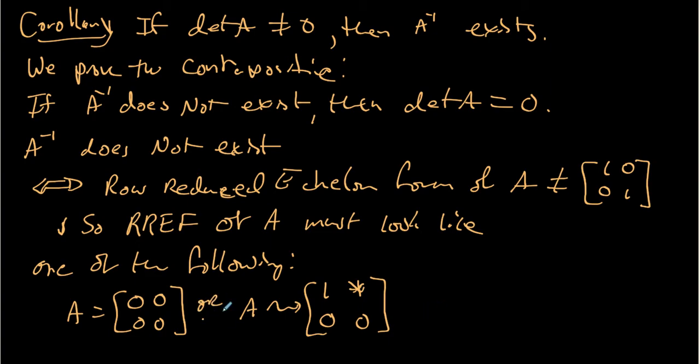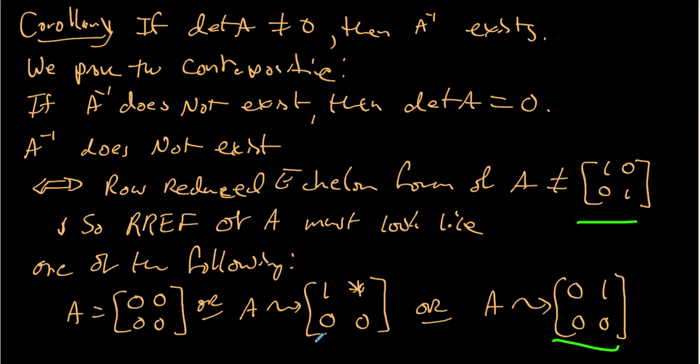And then the third case is that A row reduces down to something that looks like this. Because every 2 by 2 matrix is going to have a row reduced echelon form that looks like one of these 4 things. And the 0 matrix is the only one that is going to look like the 0 matrix in row reduced echelon form.